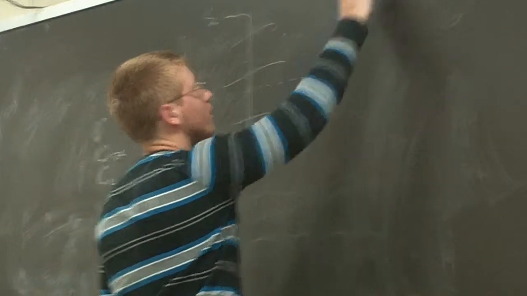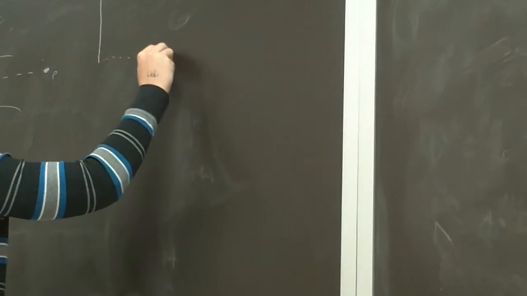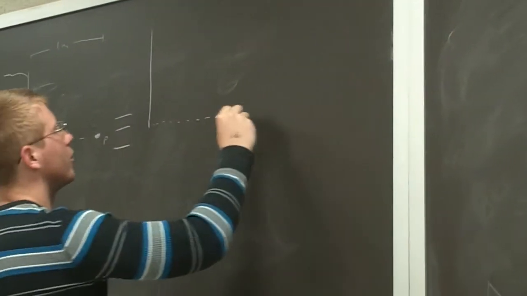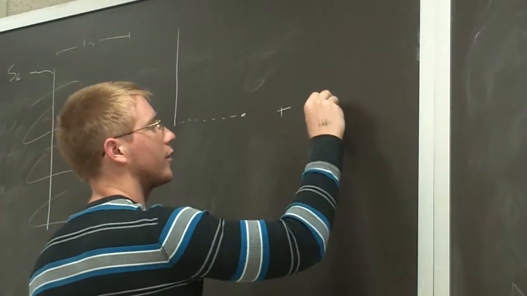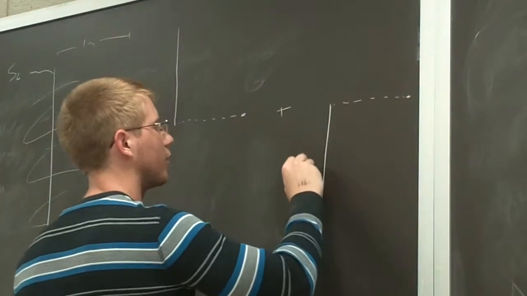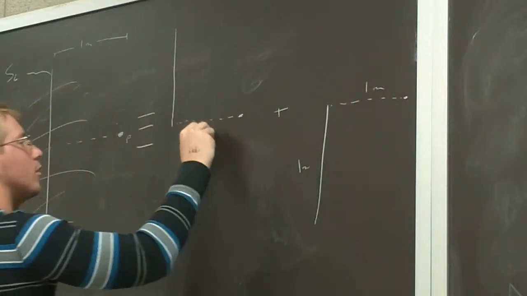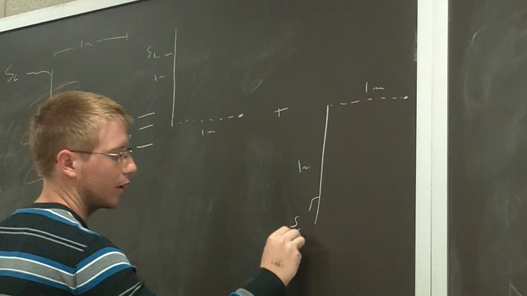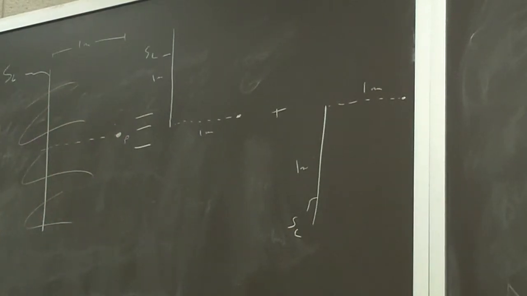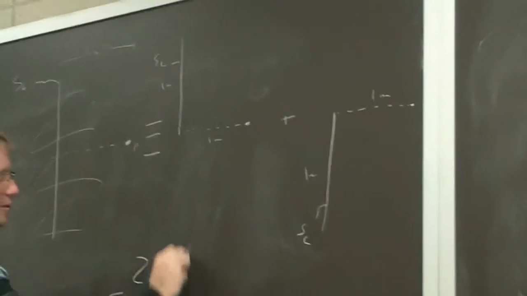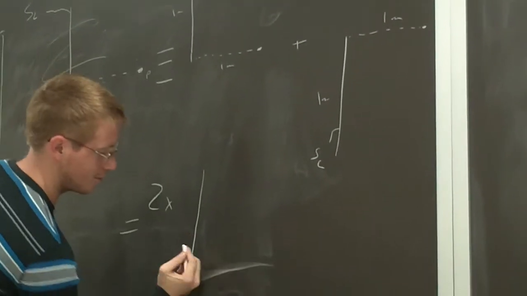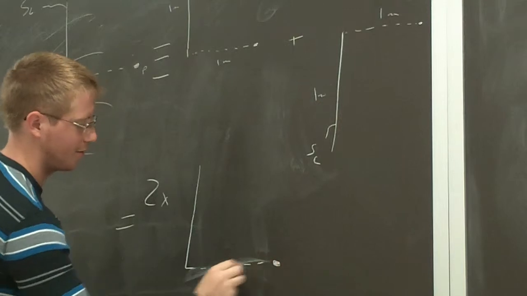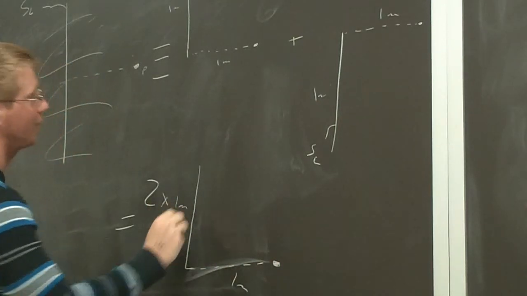I just broke this one down into saying that this is by definition equal to this plus this. 1 meter, 1 meter, 1 meter, 1 meter, SL, SL. Everyone okay with that? Which is equal to 2 times this, half math.